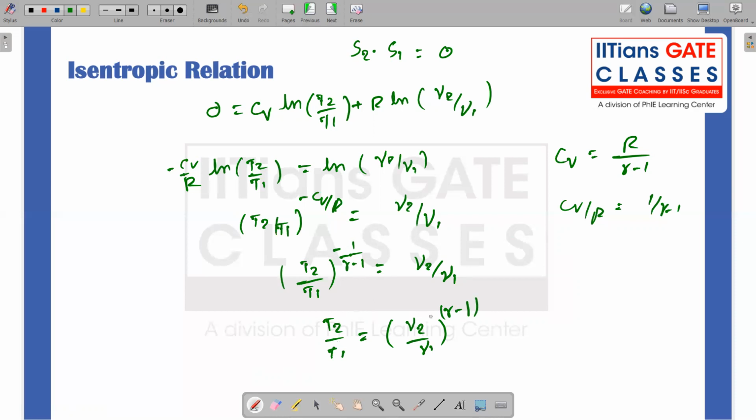So I can also write this in terms of V1 by V2 to the power of gamma minus 1. So that is also fine, right? So this is one relation. I will call it equation number 5.